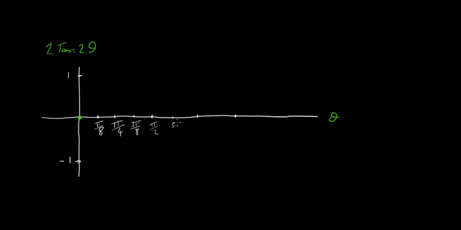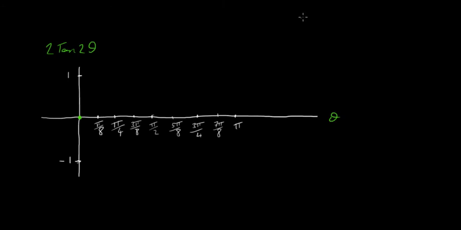You've got a 5 pi over 8, and so on. 6 pi over 8, or 3 pi over 4. 7 pi over 8, and then 8 pi over 8, or just pi here. Okay, so let's try pi over 8.